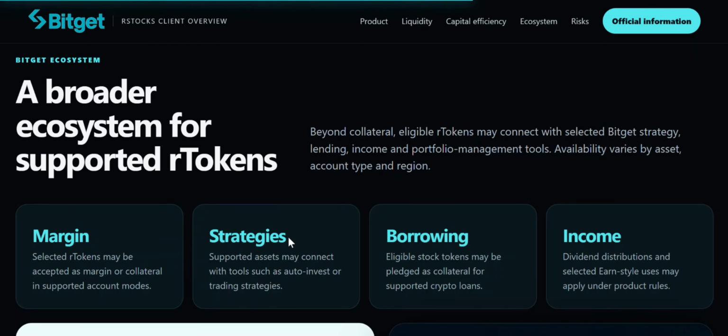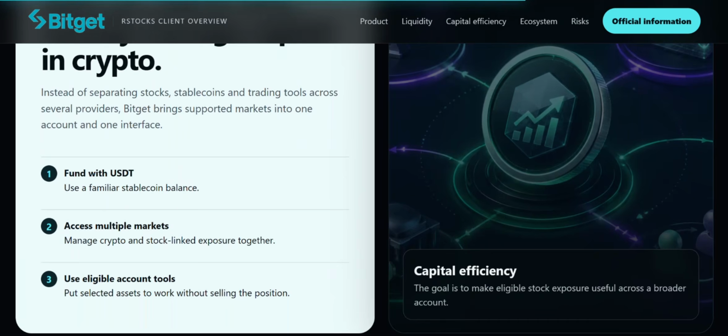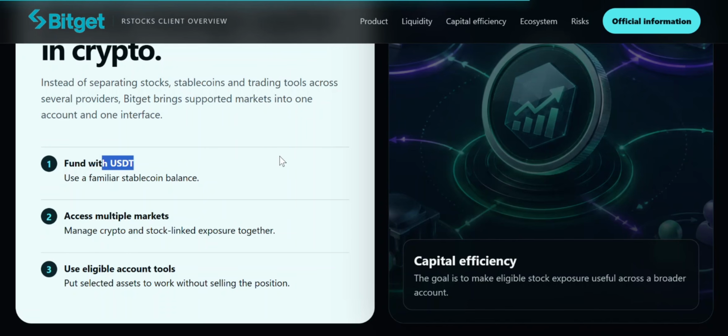I already gave you a strategy. You don't have to follow that strategy. It's something that I do. I buy in spot and short the futures just to cover me. Borrowing, and obviously you've got your dividends as well. So yeah, amazing. You can fund with USDT as well, multiple markets, and also capital efficiency. There's so much.